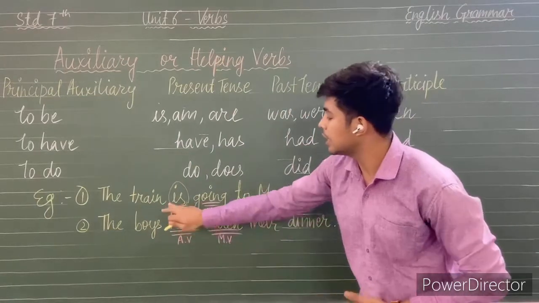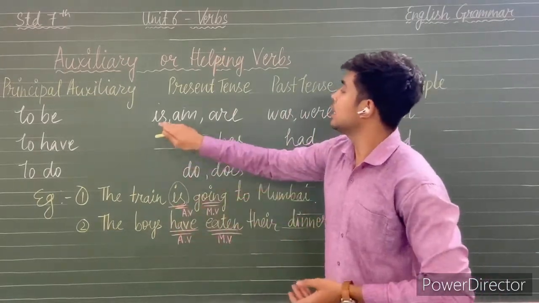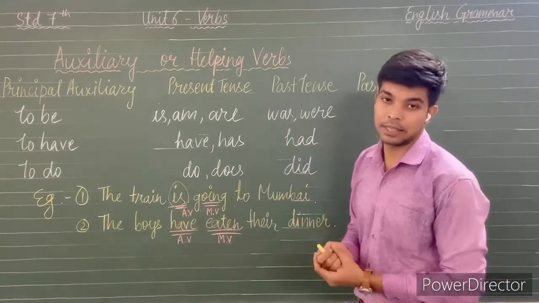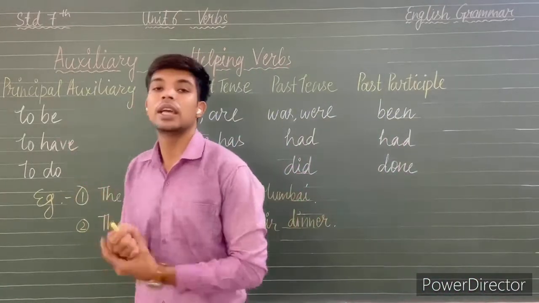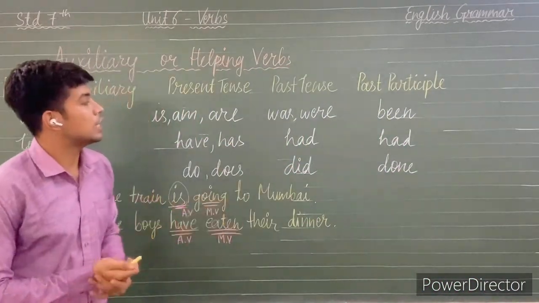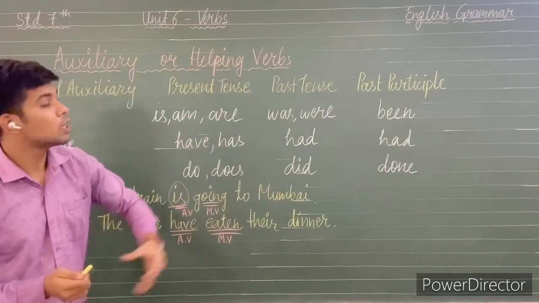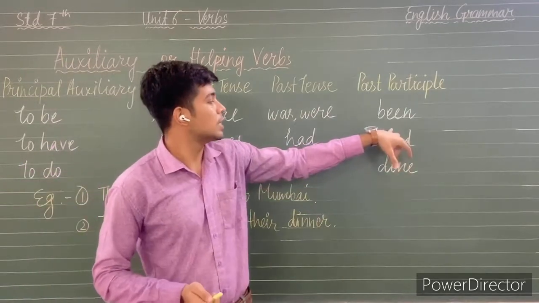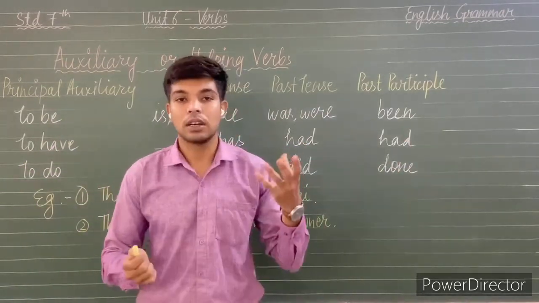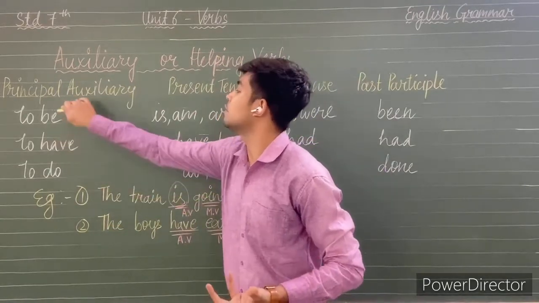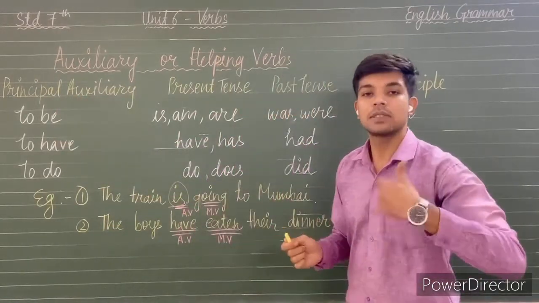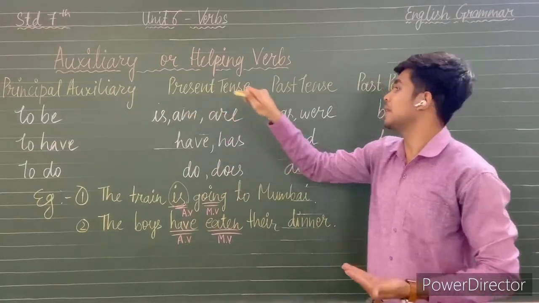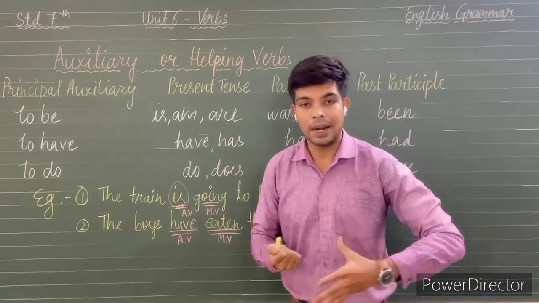It is in the present tense and this sentence is in the present tense. If it is converted into the past tense, it becomes was or were. When it changes into the past participle, it is used as been. The form of to be, which is a principal auxiliary verb, is further changed when it is in the present, the past or the past participle.